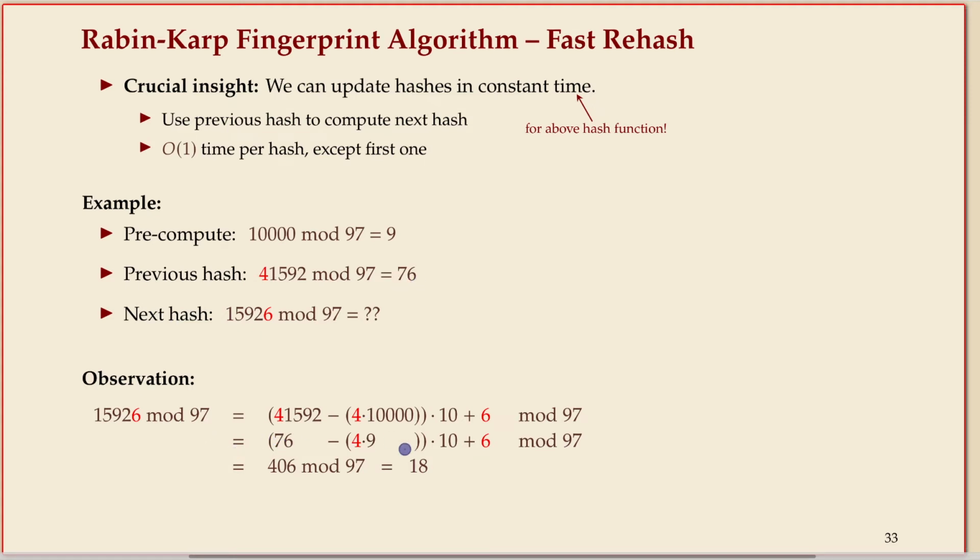So we can reduce these big numbers where the computation would be slow to the small numbers that fit in one word and are computable in constant time. And the rest is just a little bit of arithmetic, but it all involves small numbers. They're independent of the size of the pattern. That's the important bit. That's why we pre-compute this number and just use the hash here instead of the full pattern, the full number. Okay?